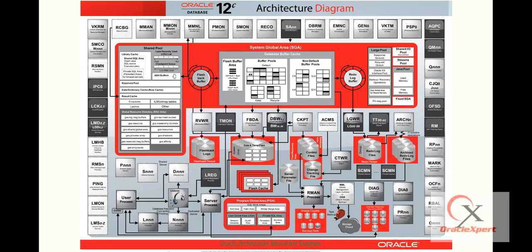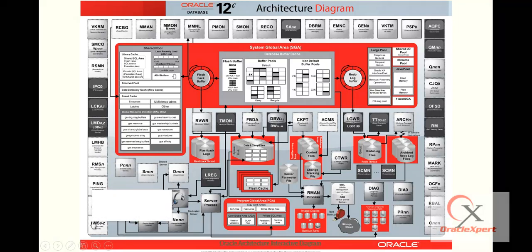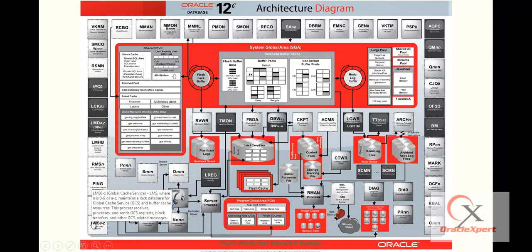Then you have the connection broker process, NNN. In database resident connection pooling, clients connect to a connection broker process. When a connection pool becomes active, the connection broker hands off the connection to a compatible pooled server process.